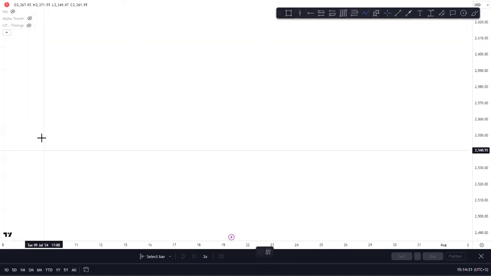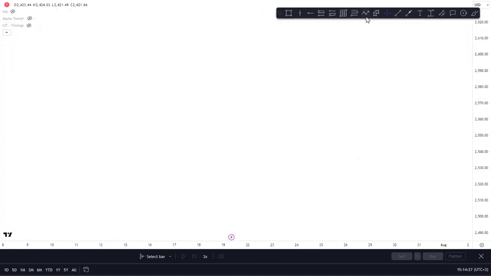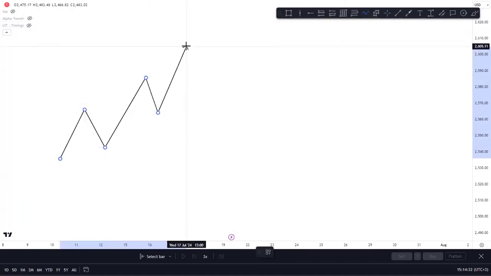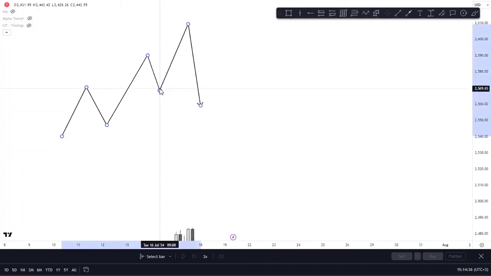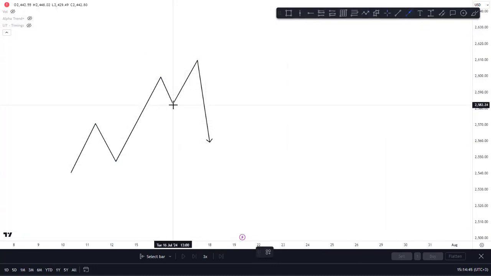Let's say you have this from the daily, and this. Now let's say the daily has shifted here. If this is the daily shift, that's not bad.